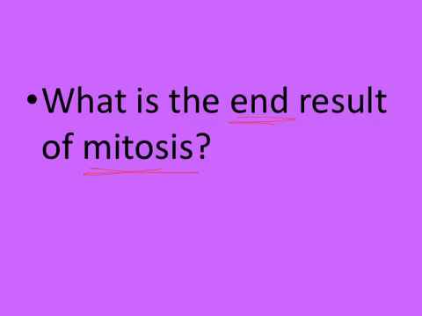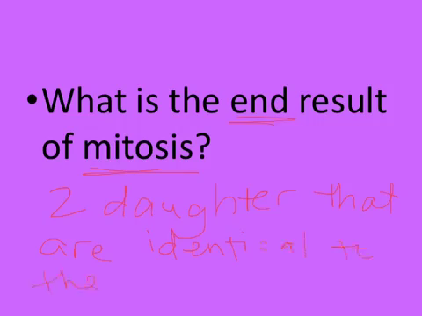If you said the result of mitosis is two daughter cells that are identical to the parent cell, then you are correct.